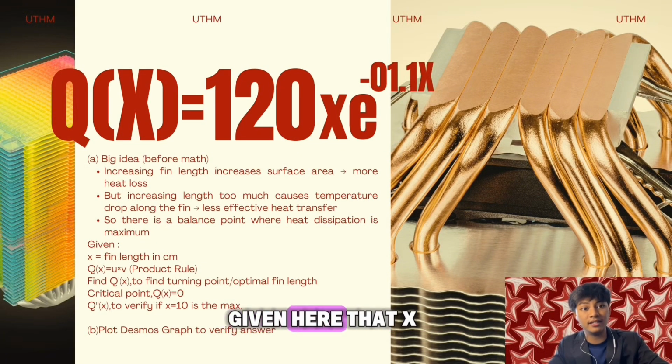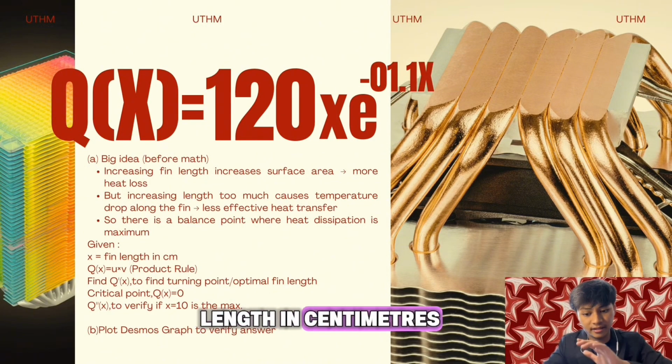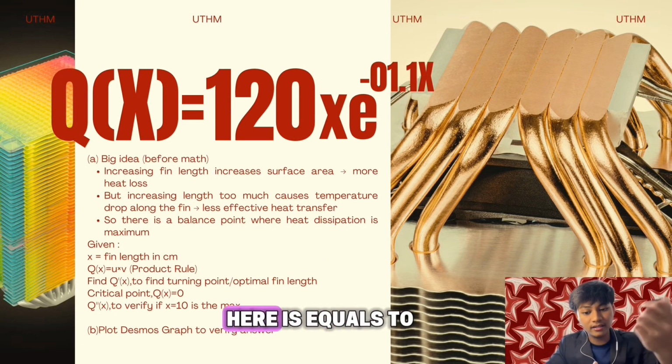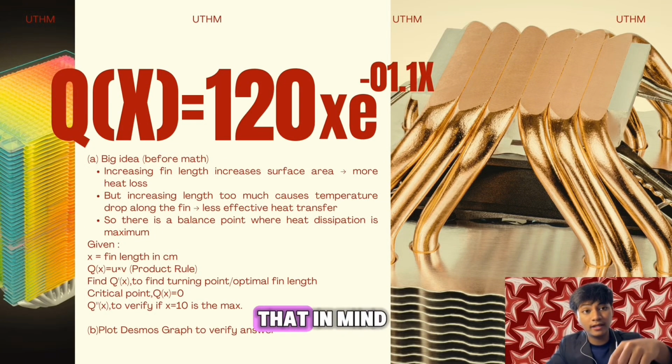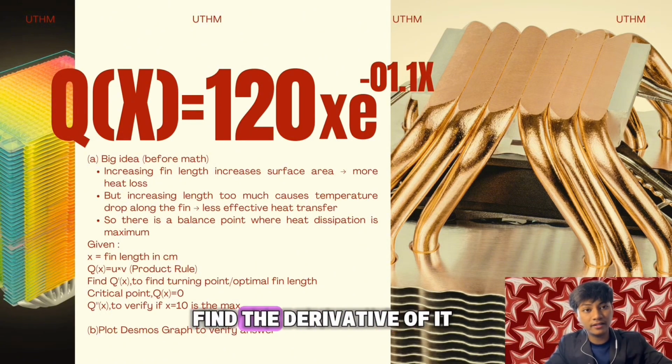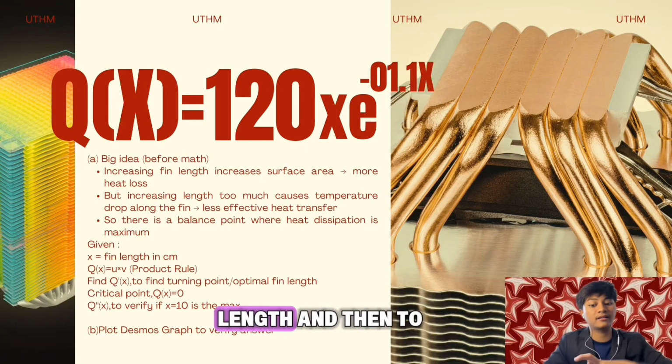First, it is given here that x equals fin length in centimeters, and Q(x) equals 120x times e to the power of negative 0.1x. With that in mind, we have to use the product rule to find the derivative of it. Why do we find the derivative? It is to find the turning point or the optimal fin length.